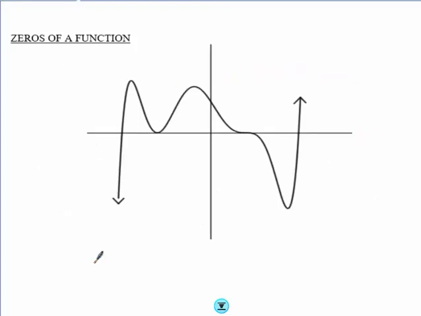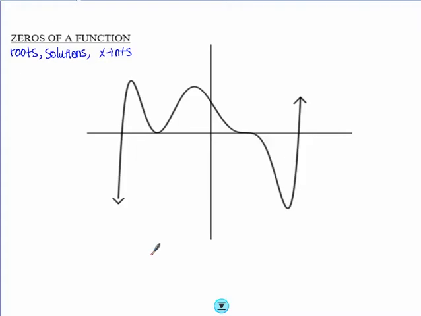Let's take a look at zeros of a function. Other words for zeros are roots, solutions, and x-intercepts. So here we have a polynomial. There are a few things that I want to talk about with regards to the zeros of this polynomial.